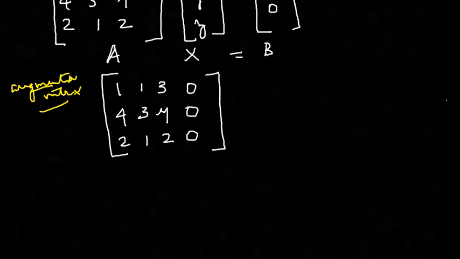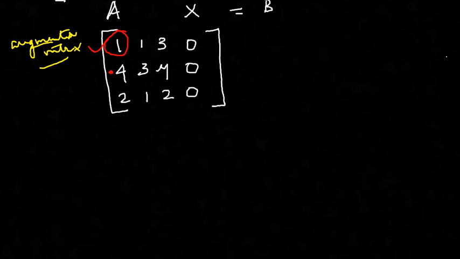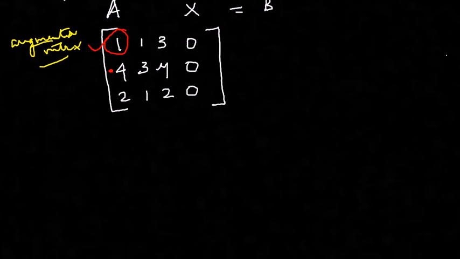In the rank method we expect the first row first column element to be 1. Here it is 1 already. The next step is to make this fellow here a 0, right? If I have to make him a 0, I will multiply row 1 by 4 and then subtract it from row 2, right? So this is the augmented matrix AB.